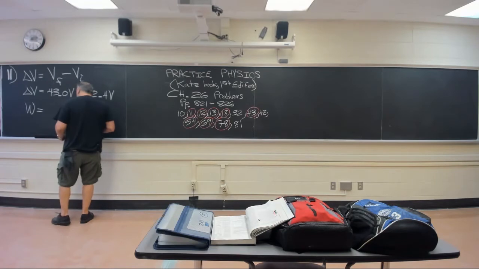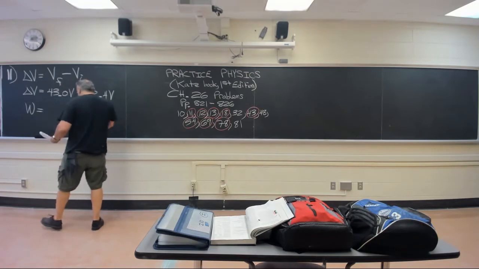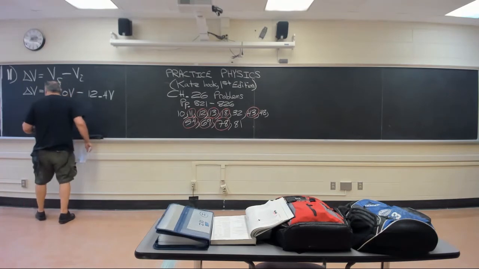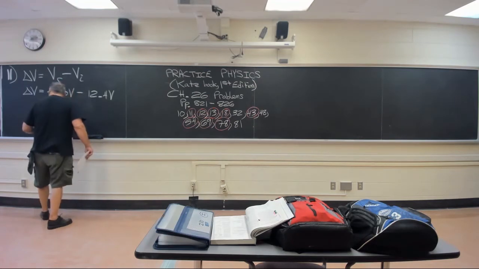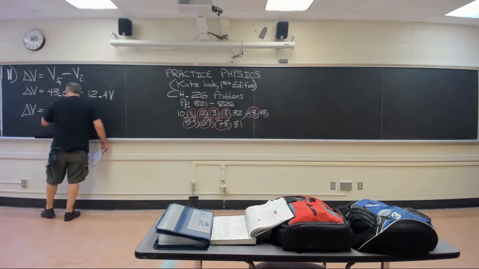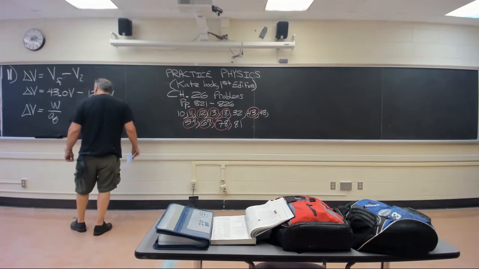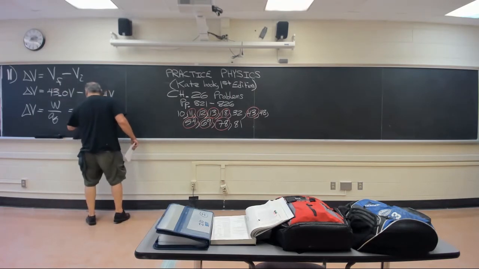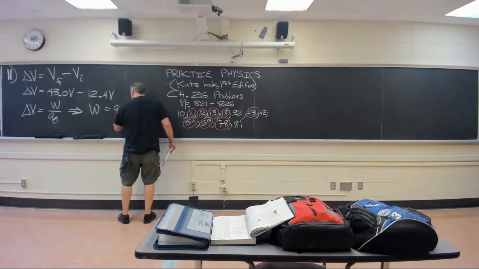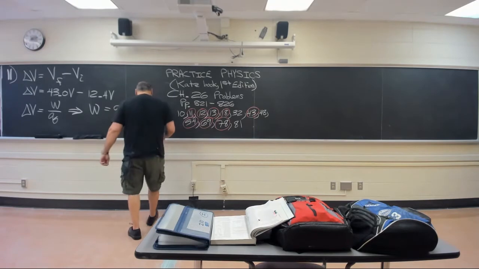You have to remember a number of things here. The potential difference is the work done per unit charge. So with simple mathematics, you can find that work is Q delta V.